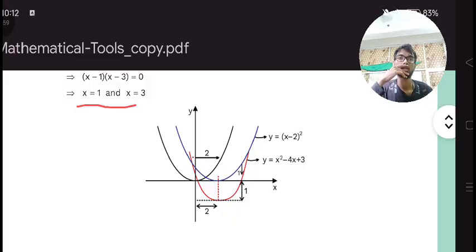This is a 2 and this is 2, this is 1, and this is 2. So x over here, x is equal to 3.